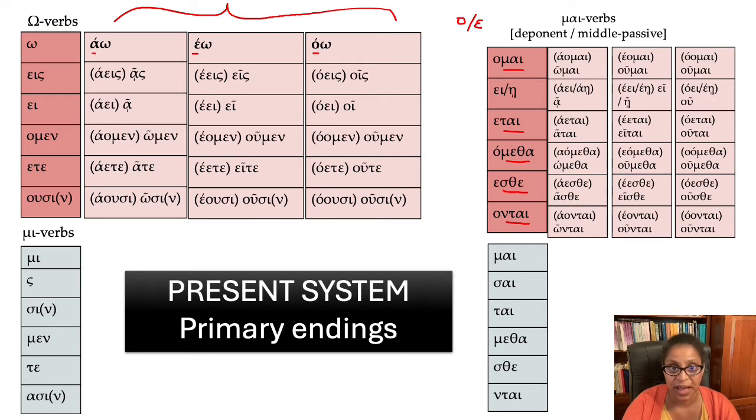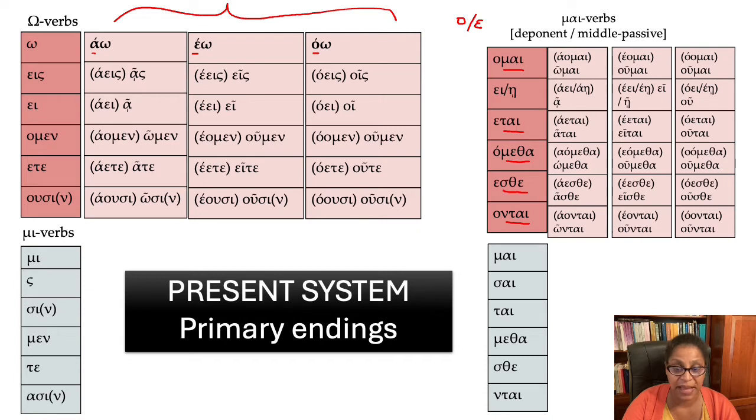So it's a omai, e omai, o omai, right? So then the endings are going to be contracted again, same thing, because the vowel is going to interact with the other vowels. Okay, so this is the deponent's middle passive for verbs that fall under this omega group.